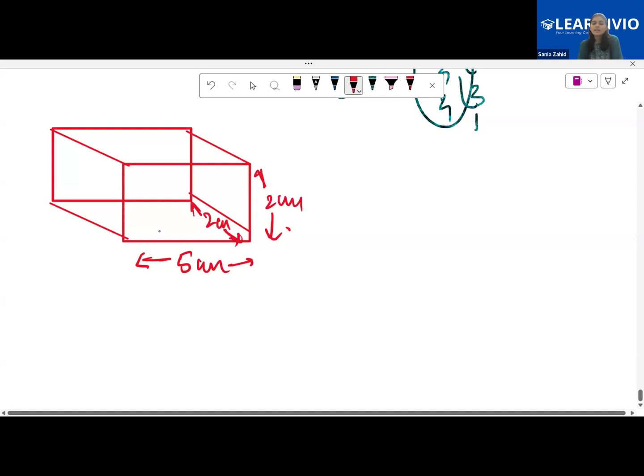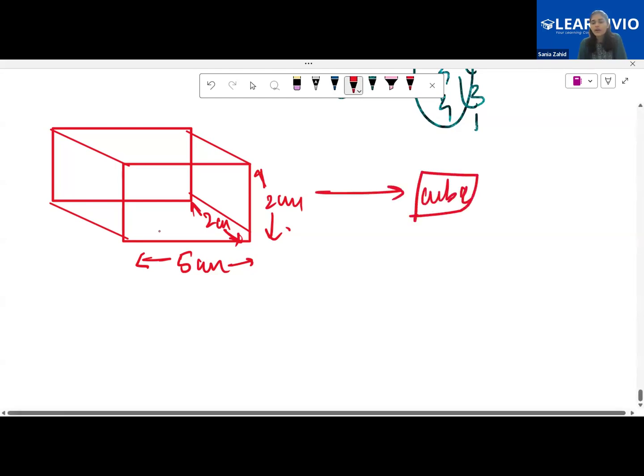Now they are saying that you stack these cuboids in such a manner that you have a cube being formed. Like you stack one cuboid, then another, then above them one more cuboid, so that you get a cube.